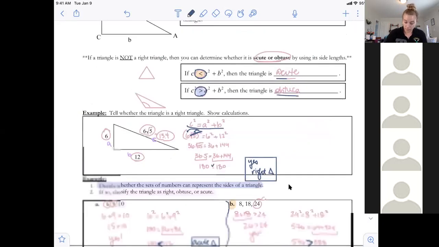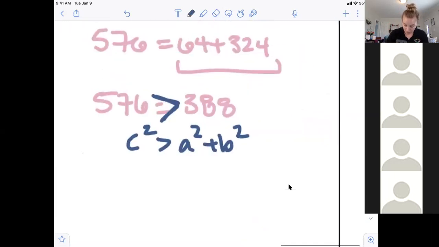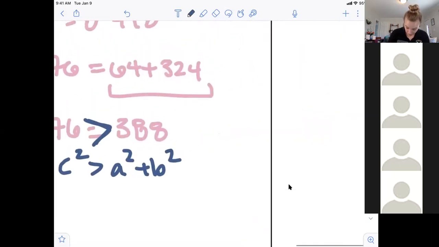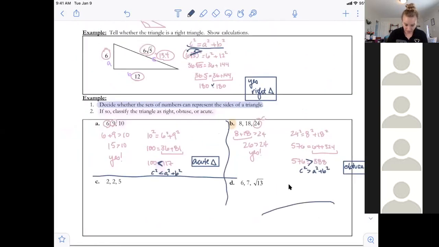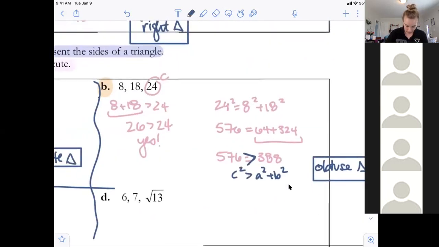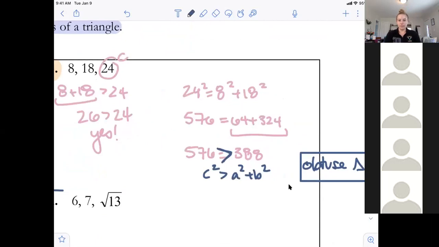Great. All right, I'm going to write obtuse triangle. All right, that wasn't too bad. So I know I'm all over the place. Anybody questions on letter B?